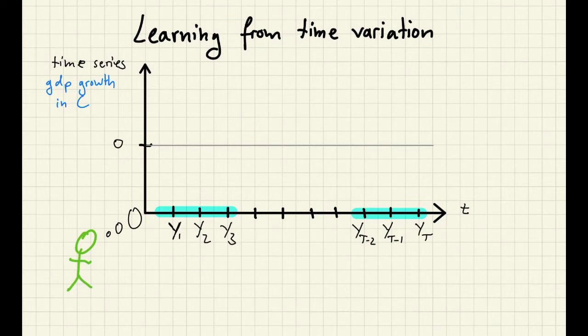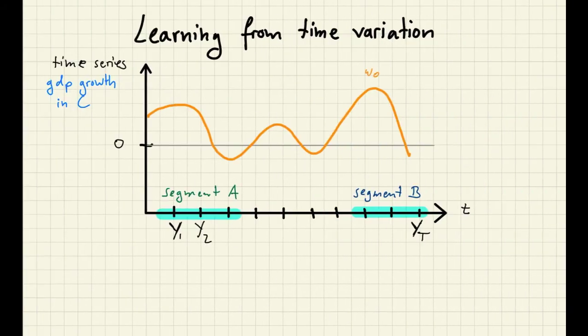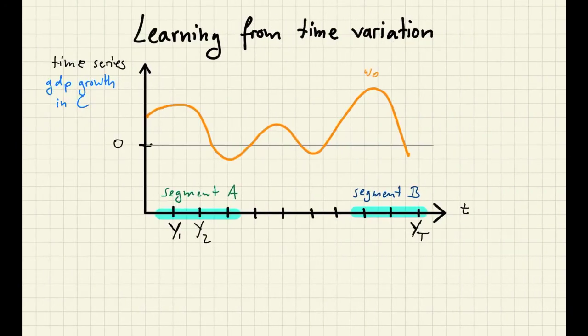This means that ex ante, or before the time series has started, there is no difference between those two segments. They are ex ante identical. And this will be our first condition.